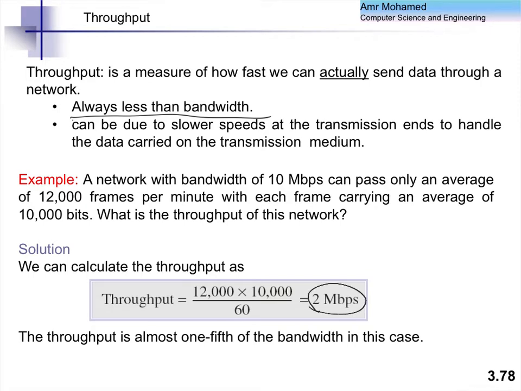So when we compare the actual bits per second with the theoretical bits per second for this transmission medium, it's actually not more than 20%. So the actual bits per second that you can get over the network is sometimes 20% of the theoretical data rates over this network.